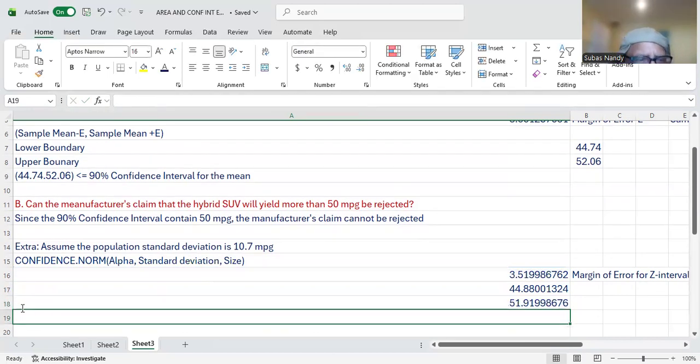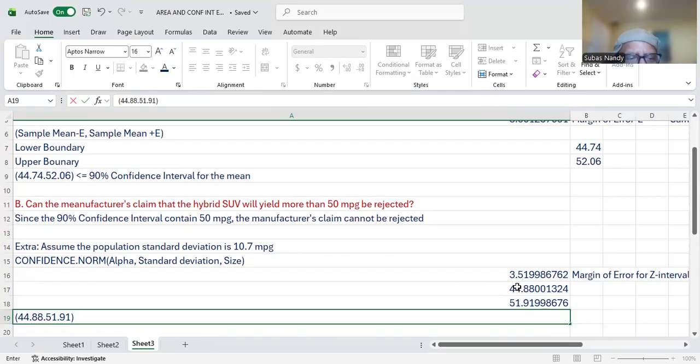So now look at the confidence interval: 44.88, comma, 51.91. And you can see already the upper limit is lower.